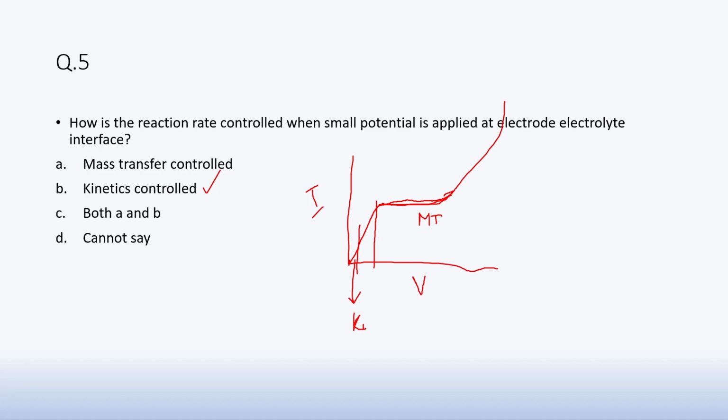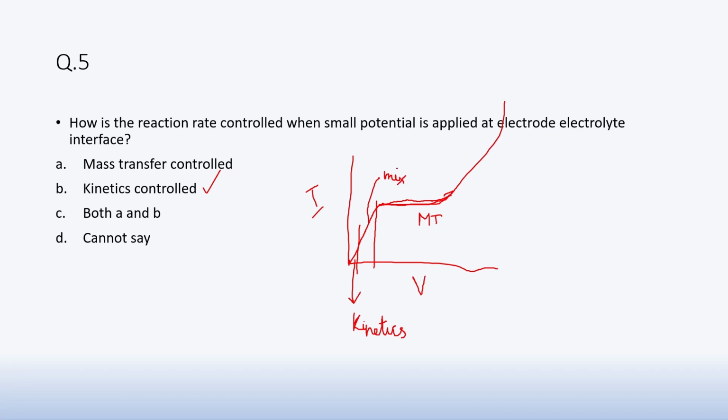Then you have the kinetics and the mass transfer, and this region is known as the mixed region, where both kinetics and mass transfer come into play.